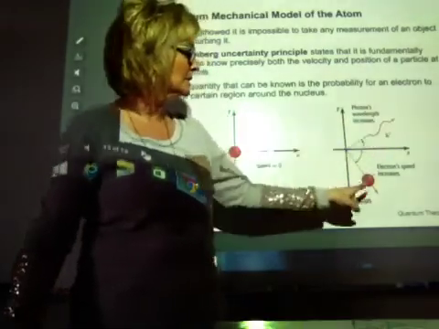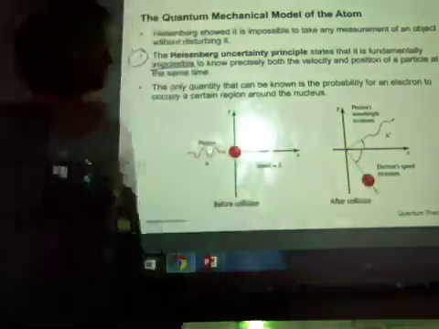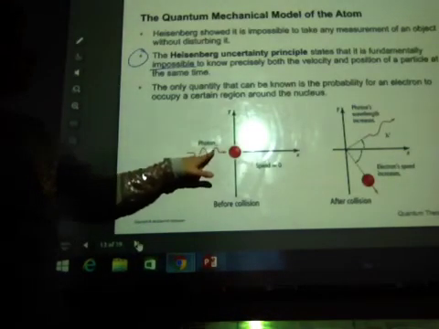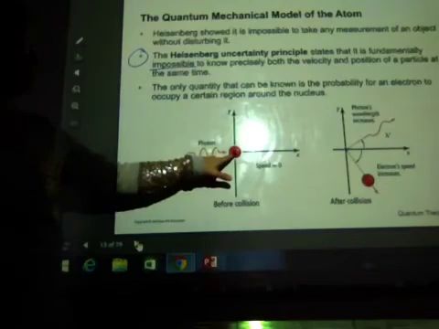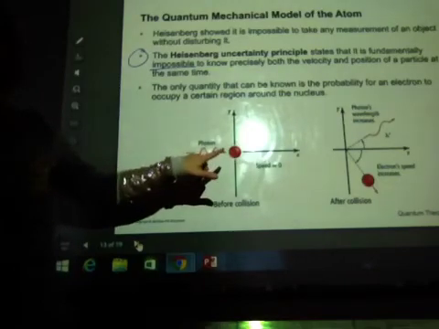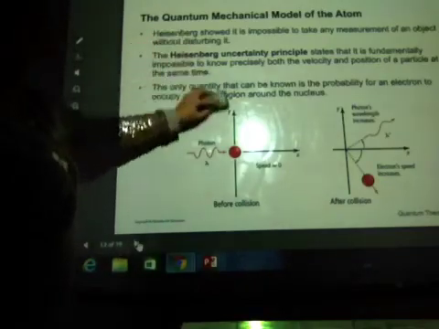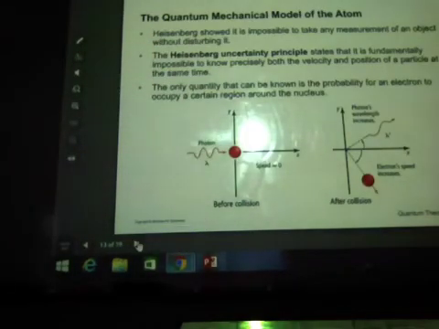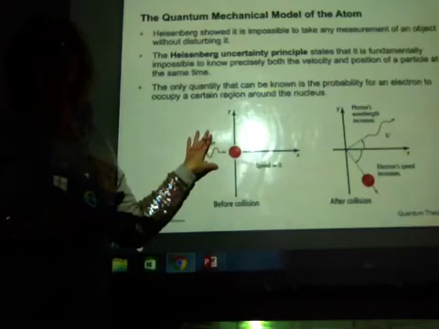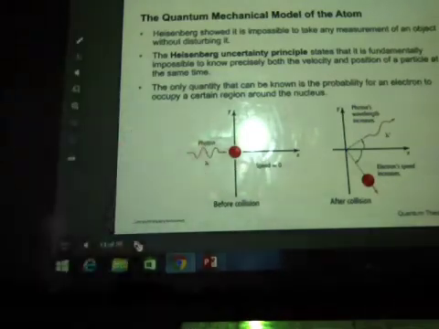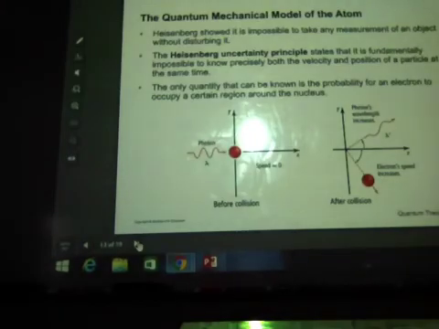The wavelength increases. Here my electron is going off the other direction. So I can look at a wave, and I can look at a particle, but I can't look at an electron as a particle and a wave at the same time. I can only do one or the other. And you should know that this diagram deals with Heisenberg. You might see this diagram and should know that it is part of Heisenberg's work.